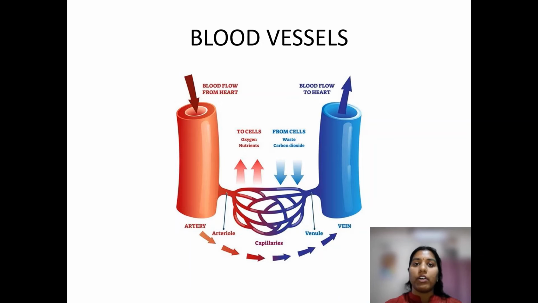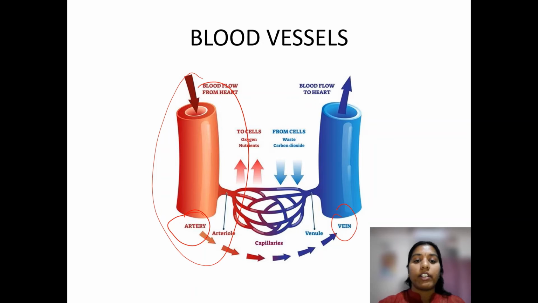Now coming to the blood vessels. Based on the type of blood that they carry, blood vessels are of mainly two types. They are arteries and veins. Arteries that carry the oxygenated blood divide into smaller blood vessels called arterioles, and these arterioles again divide into very fine blood vessels called capillaries.